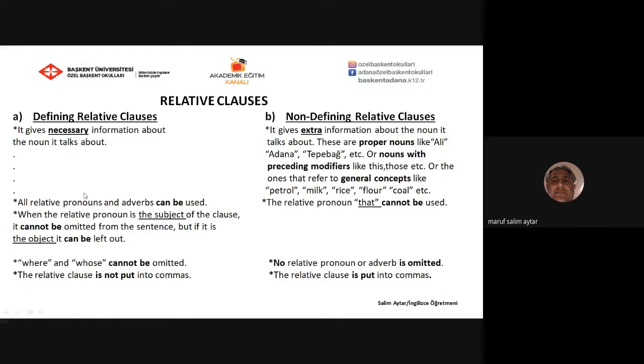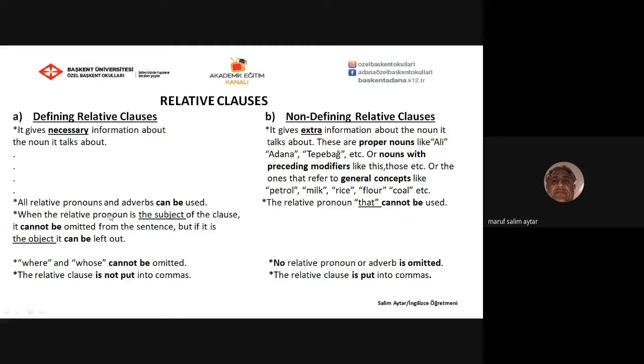In defining relative clauses, all relative pronouns and adverbs can be used in the sentence, okay? But in the non-defining relative clause, we cannot use that as a relative pronoun, okay?